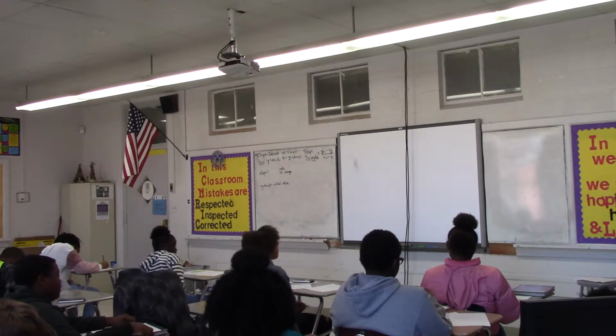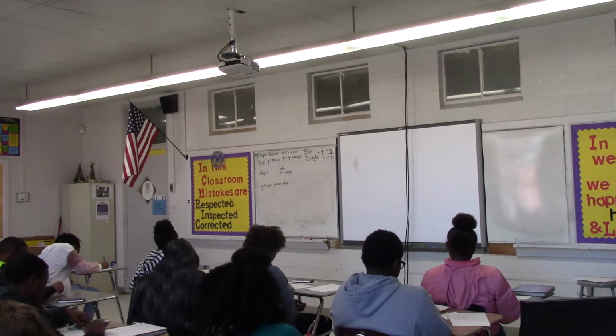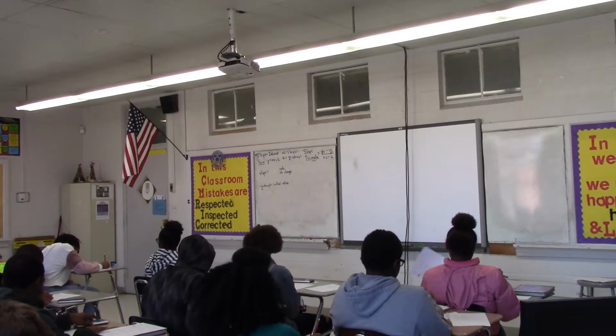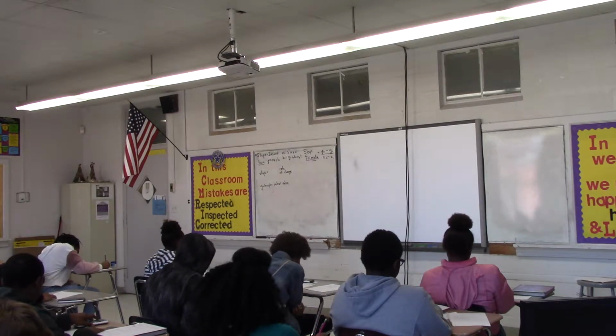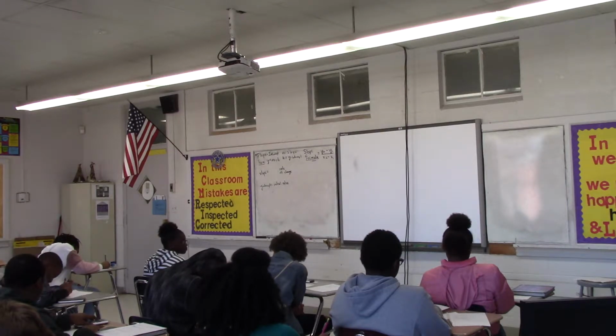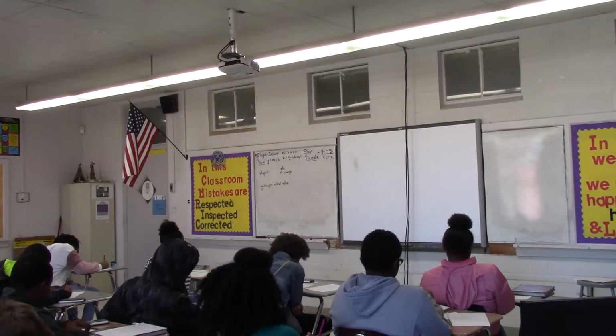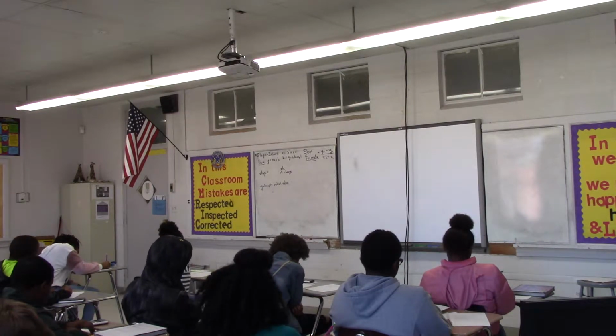So can somebody read number 1 for me? Writing a function rule. A provider's rate for internet access is $15 per month plus 25 cents per hour of use. Which function rule represents the monthly bill for x hours of use?